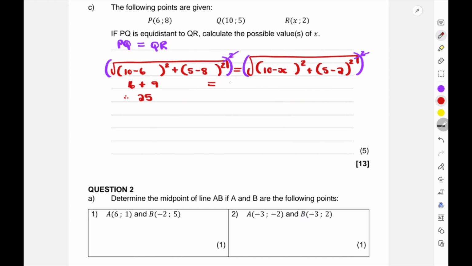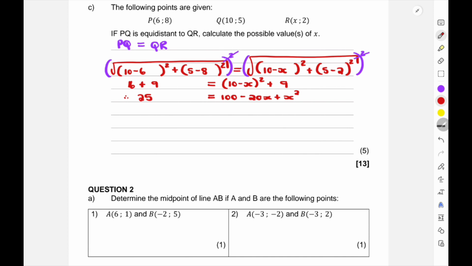And over here, 10 minus x squared plus 5 minus 2 is 3. 3 squared is 9. Okay. Let me simplify that. 10 squared is 100 minus 20x plus x squared.